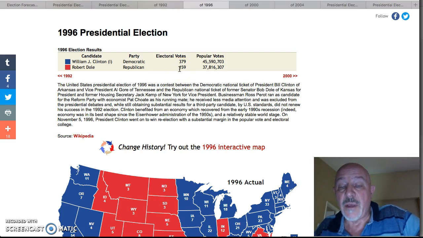He ended up with 159 of the electoral votes, not quite 38 million popular votes. Clinton, 379 electoral votes, and a little over 45 million of the popular vote.